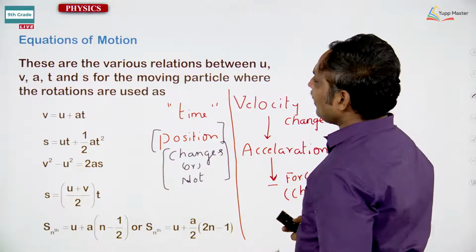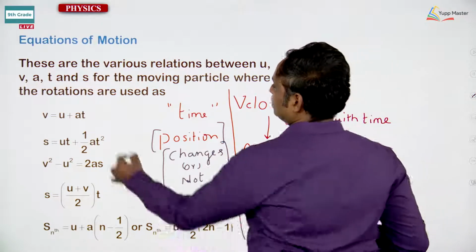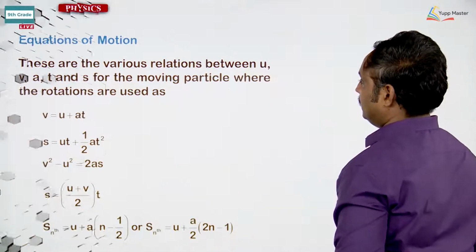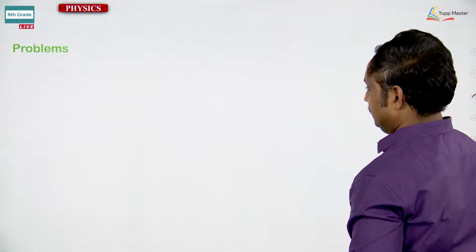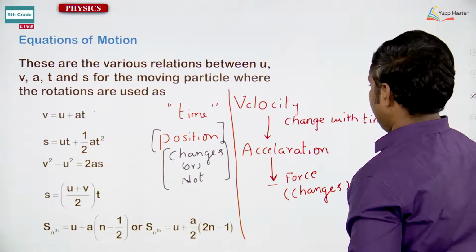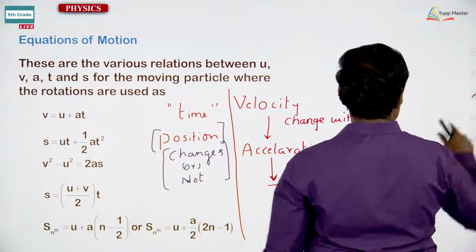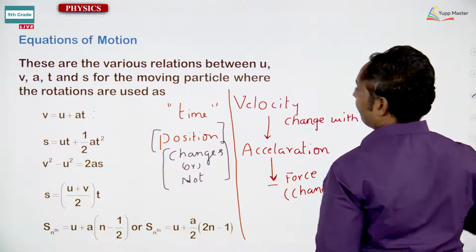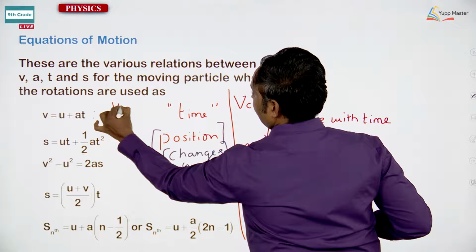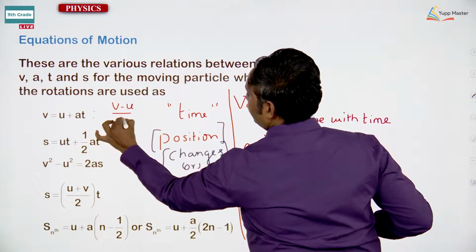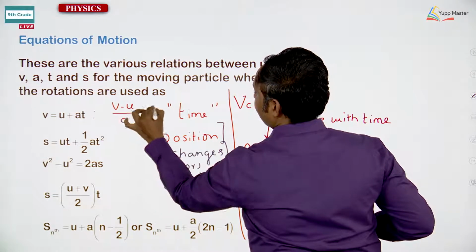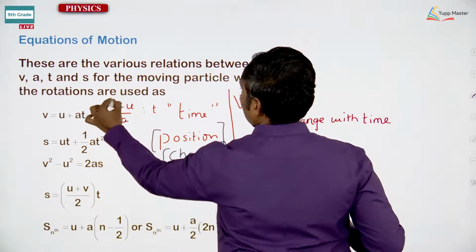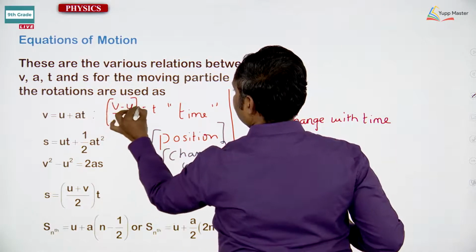While we take this equation, let us take the first equation: t is equal to v minus u by a. Now it is very clear.